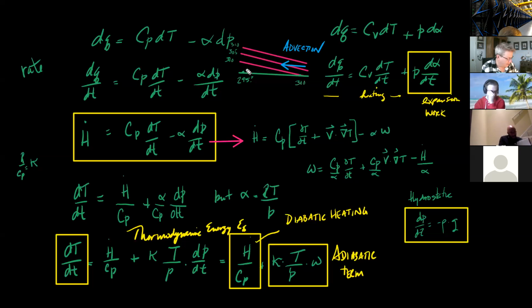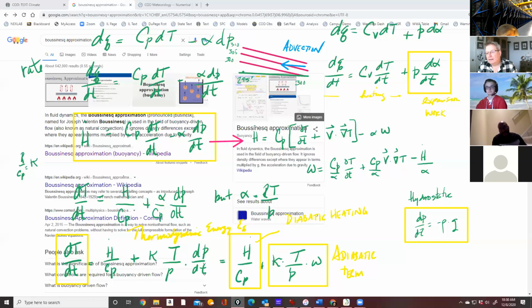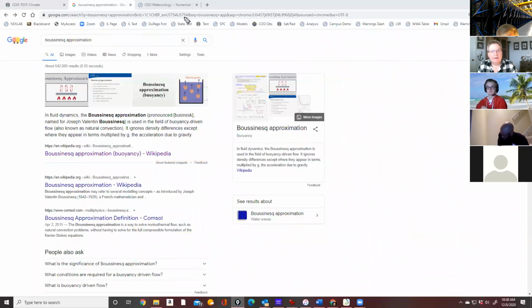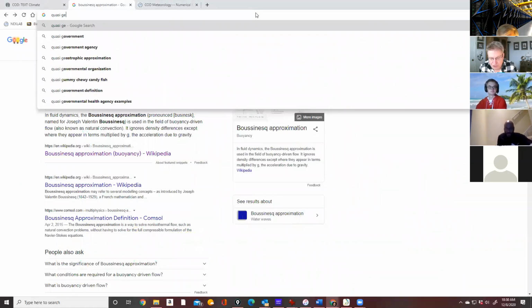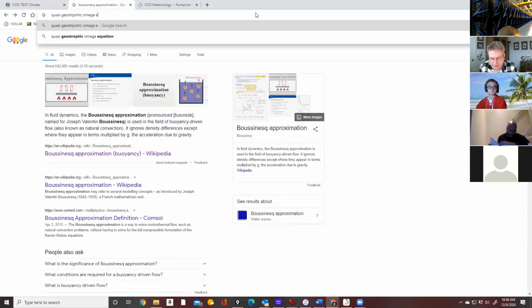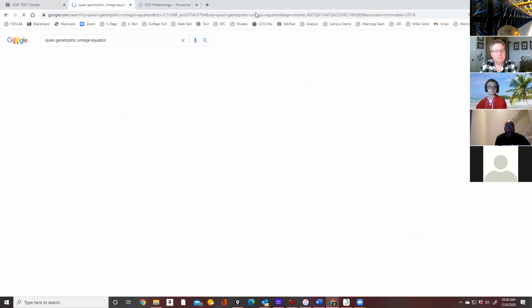So there's a few things that I want to go through on Thursday, but there's one last thing that I did want to talk about, and that is this. I want to go to the quasi-geostrophic omega equation.